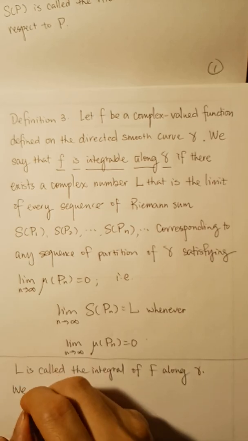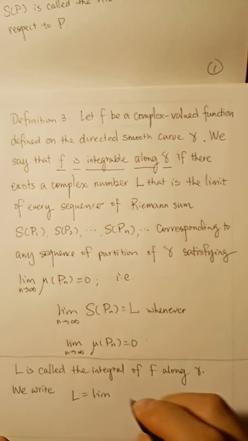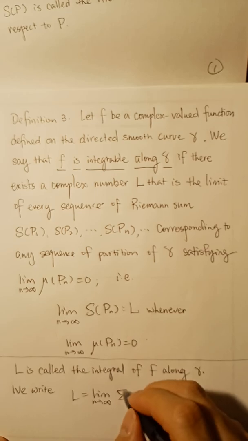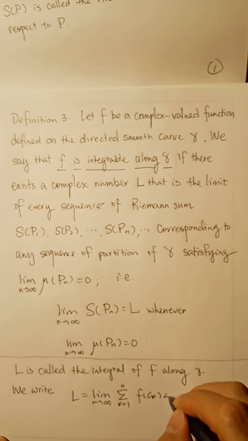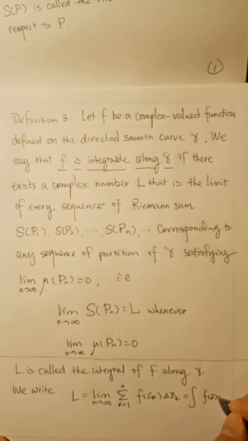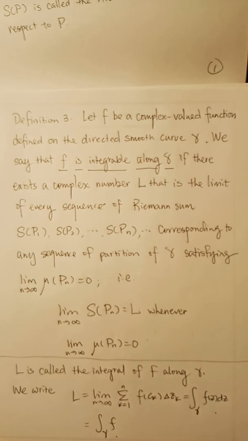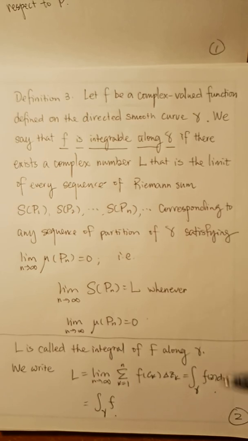We write L equal to the limit as n approaches infinity of the Riemann sum of f(ck) delta zk, and we write it like the integral of f(z) dz along gamma, or just directly write the integral of f along gamma. So that's a similar definition to the Riemann integral.